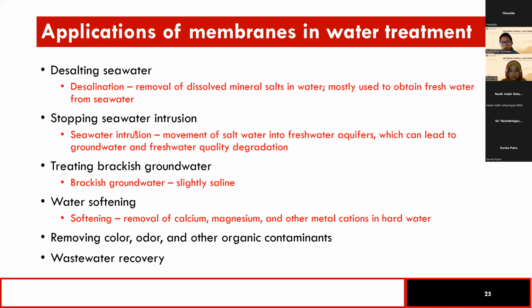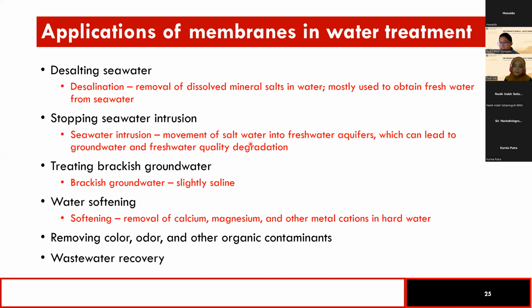Next, stopping seawater intrusion. What is seawater intrusion? This is the movement of salt water into freshwater aquifers. Of course, these freshwater aquifers will be the ones which go into your tap: drinking water, for laundry, for cleaning.